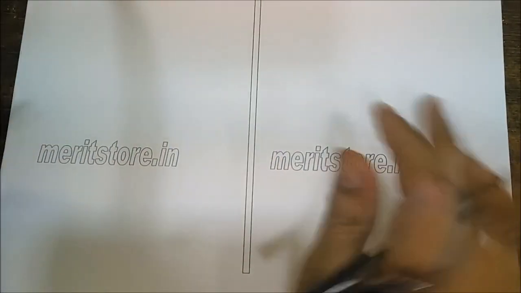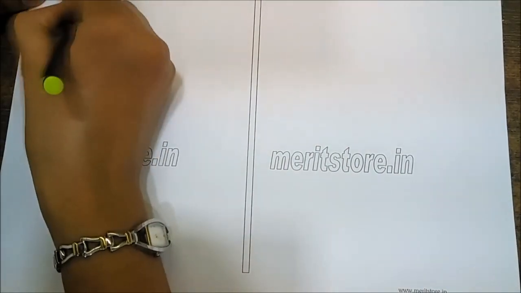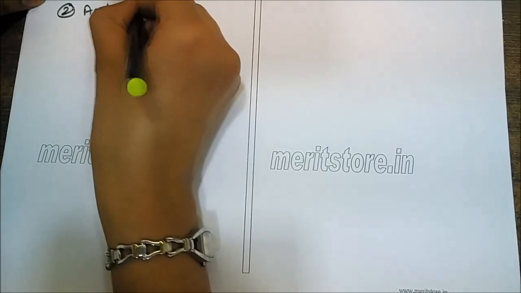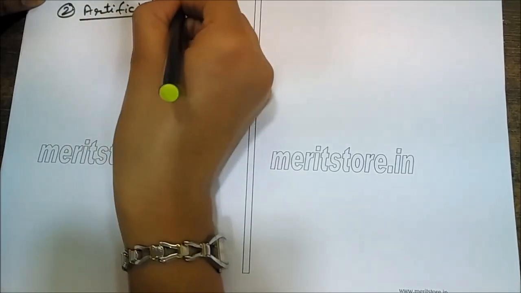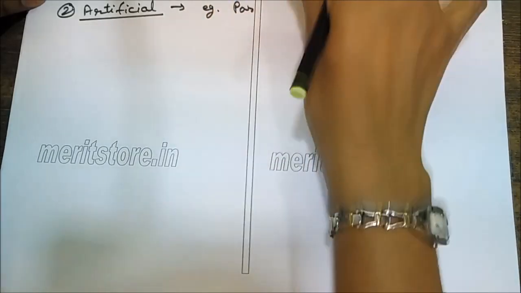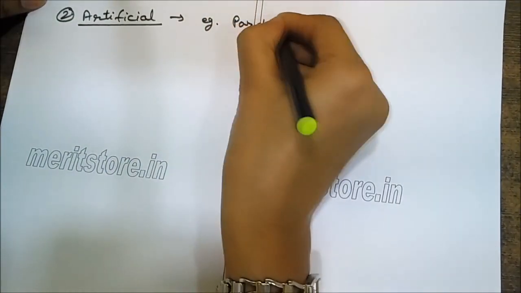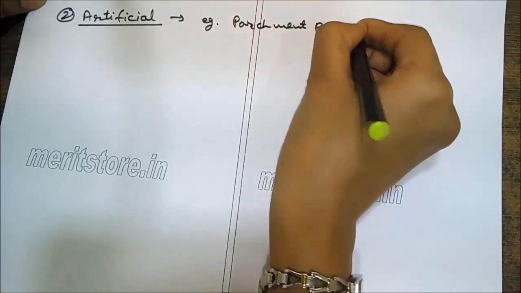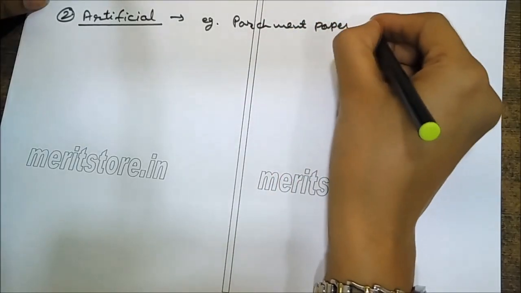The next is the artificial semi-permeable membrane. Examples are parchment paper or cellophane paper.